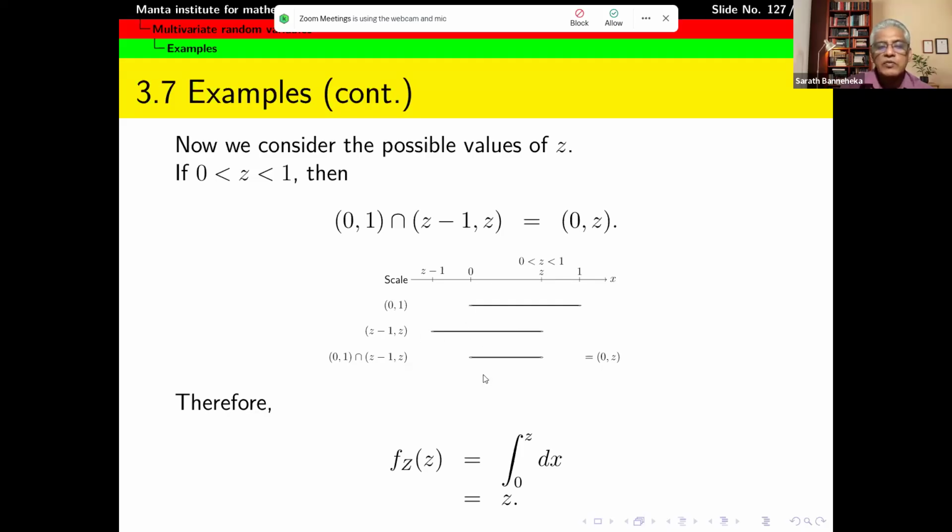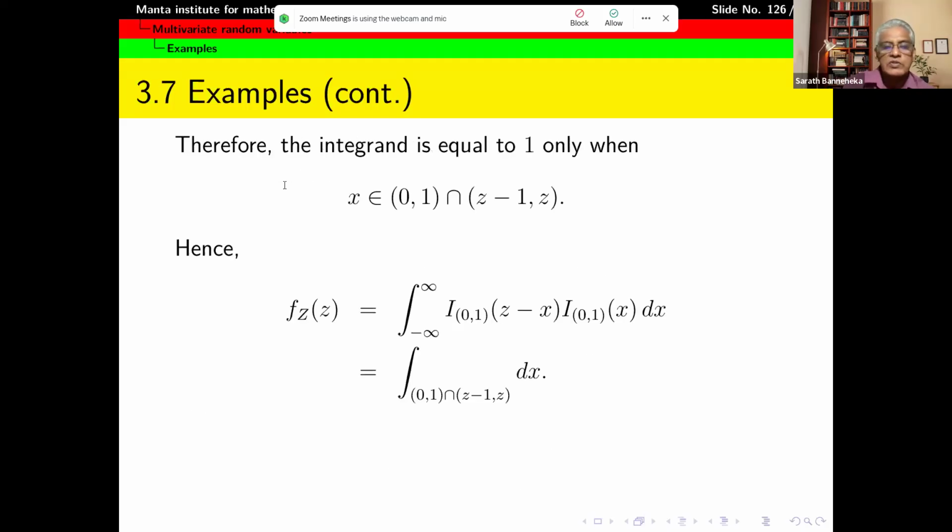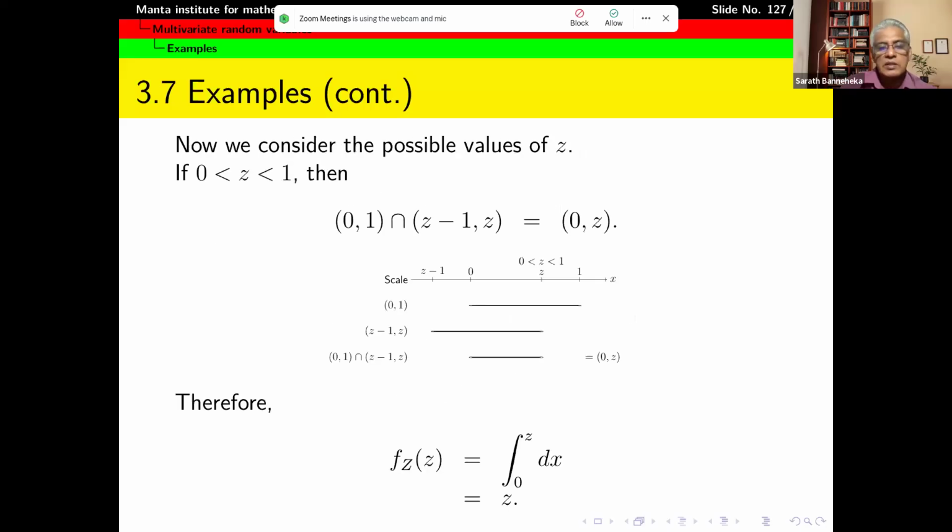The intersection of those two will be just this interval here, the 0 to z interval. So when z is between 0 and 1, we just integrate from 0 to z, the integral of dx, and therefore f_Z(z) is equal to z.